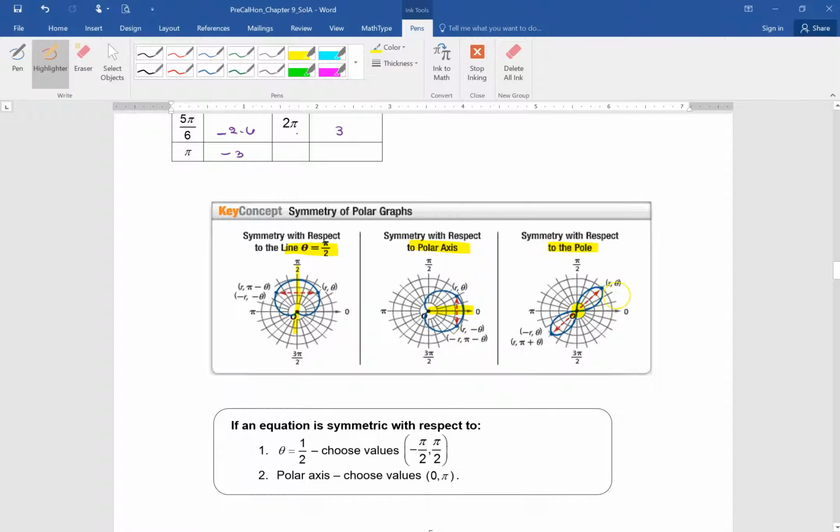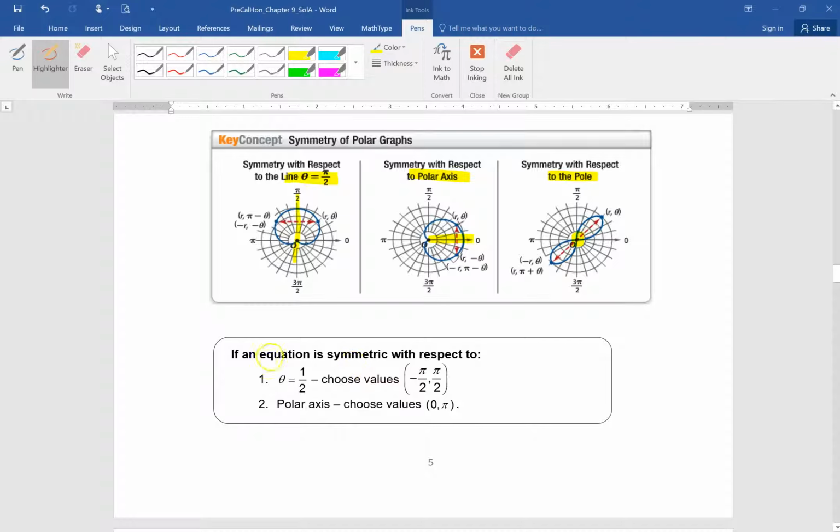Okay. Now, here are some tricks of the trade. If an equation is symmetric with respect to theta equals pi over 2, then we choose values between negative pi over 2 and pi over 2.